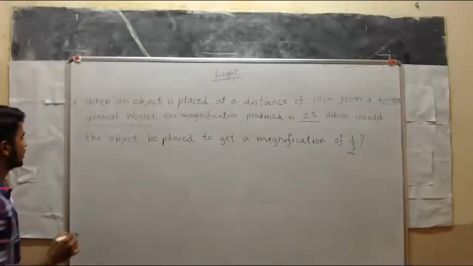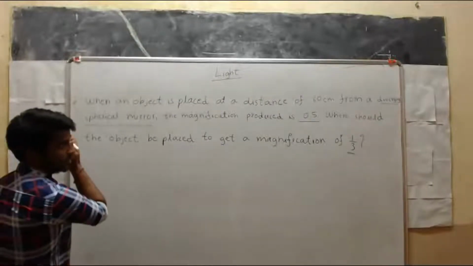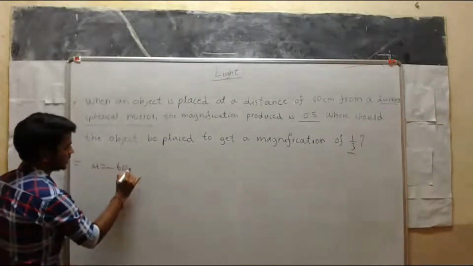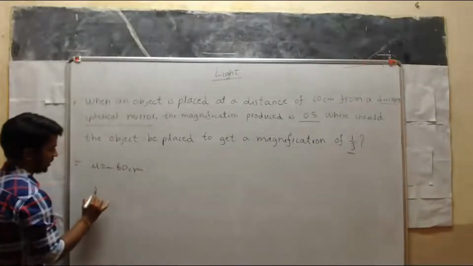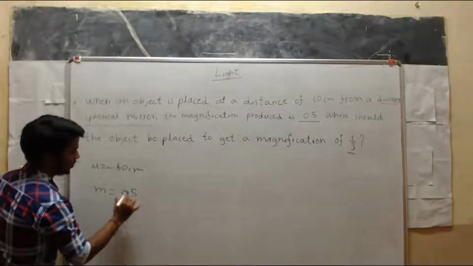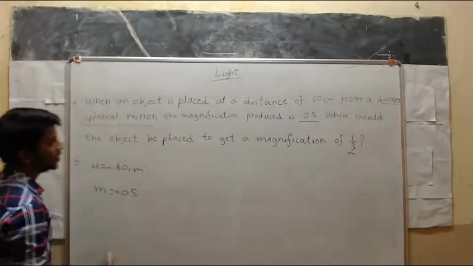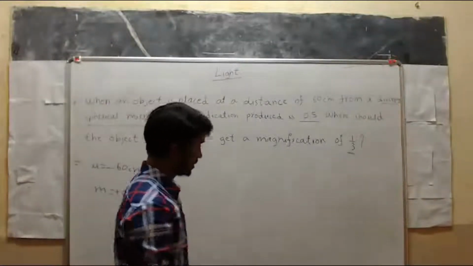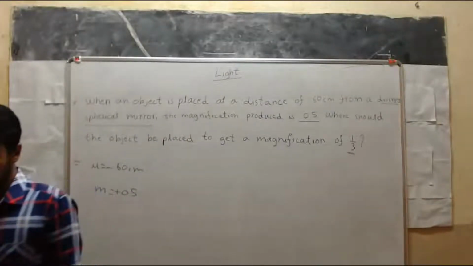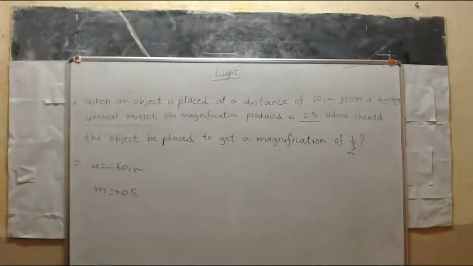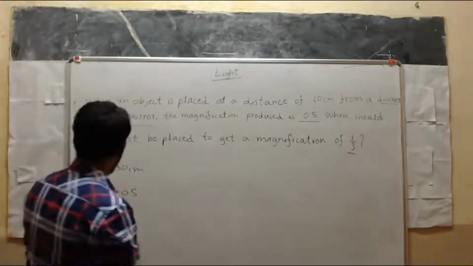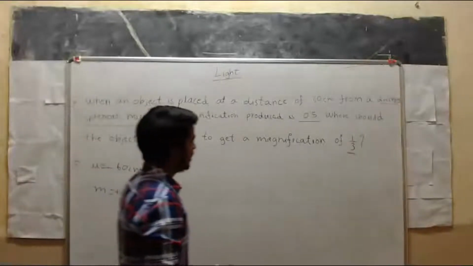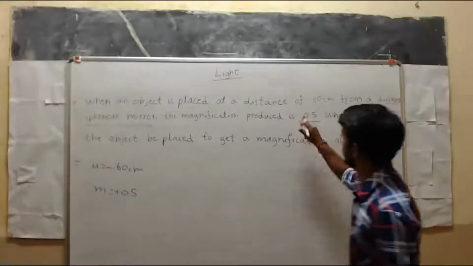First write the object distance. So u is equal to minus 60 centimeter and the magnification is clearly we can write plus 0.5. Why? Because it is a convex mirror or diverging spherical mirror. Next, how to find out? Observe here, in the first case we get the magnification 0.5.